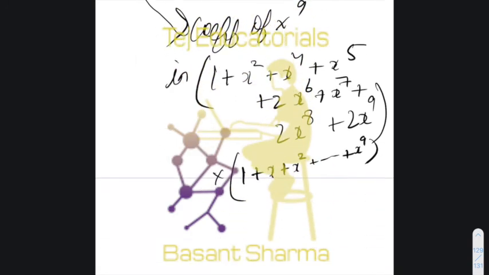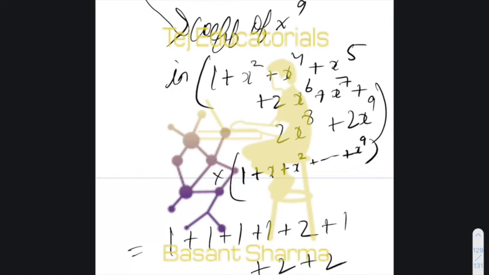And this will be nothing but the coefficient of x to the power 9 in this, which is 1 + 1 + 1 + 1 + 2 + 1 + 2 + 2.